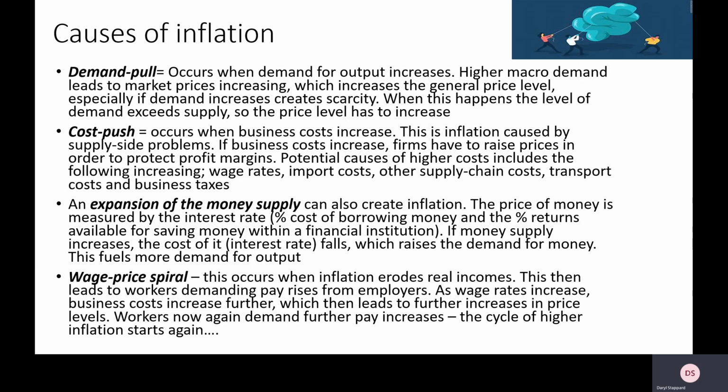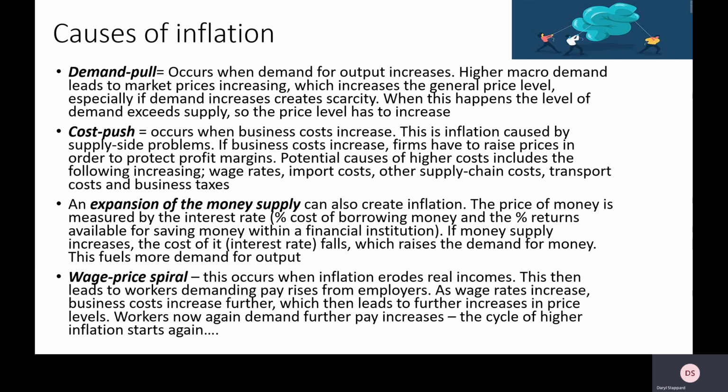That growth in demand will literally pull up prices. And that is because at the original price level, there is now an excess demand. So to clear that market and that scarcity, price levels will get bid upwards. If you used a macro diagram, you would show an outward shift in an aggregate demand curve.